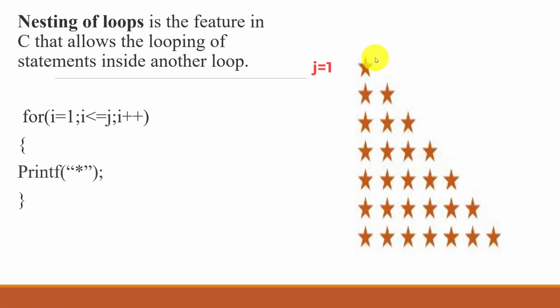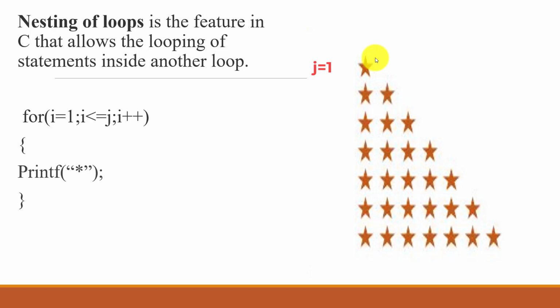The outer loop runs, and for each of its iterations the inner for loop also runs. That is nothing but the nested loop, and let's understand how it works for printing the star pattern.